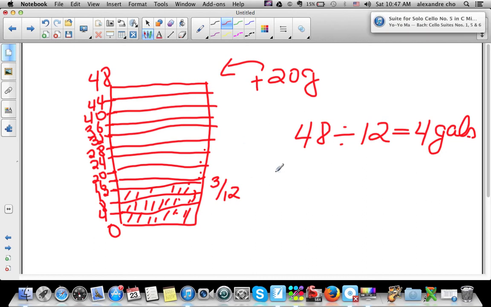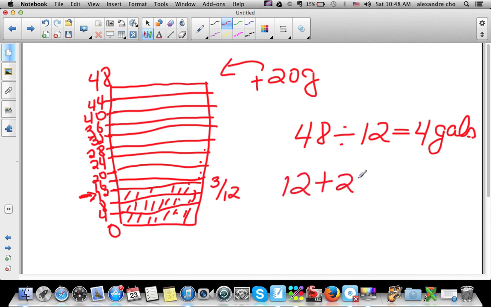So now, excuse me, at the 3/12 level, we know that it's currently at 12 gallons. So it's sitting right here. Okay? So it is currently at 12 gallons. Somebody adds another 20, so it's going to go to 12 plus 20, 32 gallons.